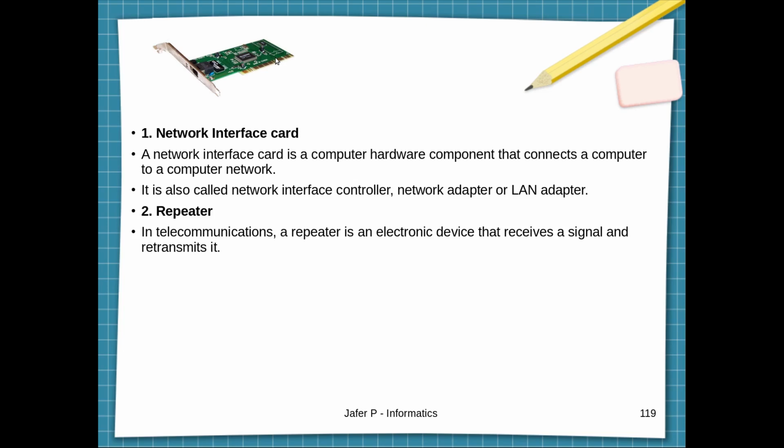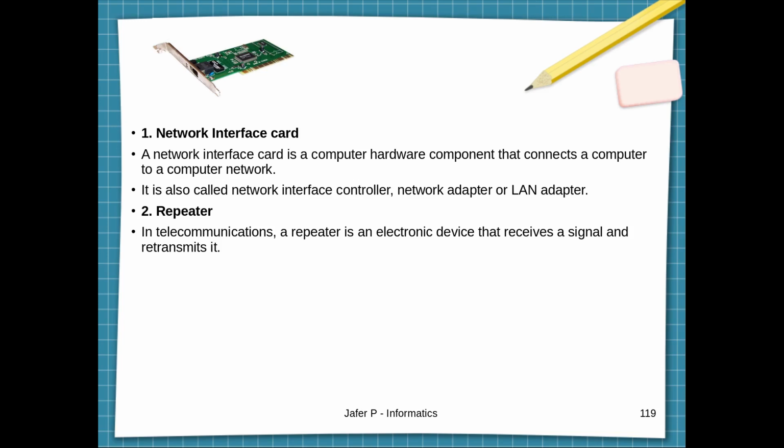Okay, and what about repeater? In telecommunication, a repeater is an electronic device that receives a signal and retransmits it. What do you mean retransmit it? When you are sending data for such a long distance, your destination is 5,000 kilometers away. So if you are sending the data from here, there may be a data loss in between.